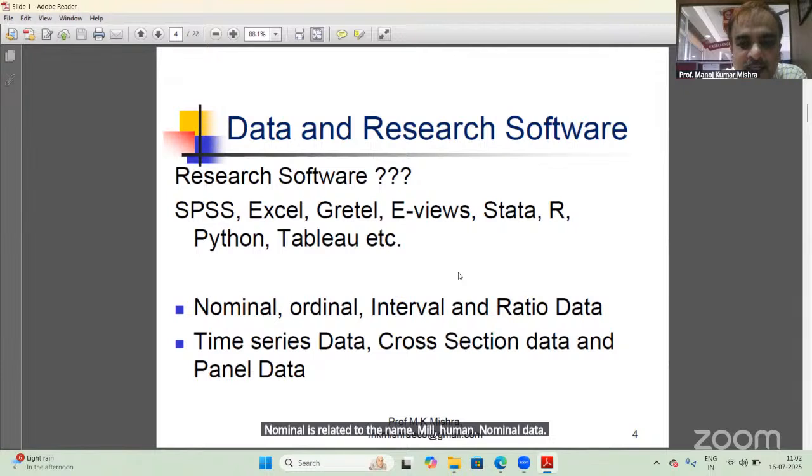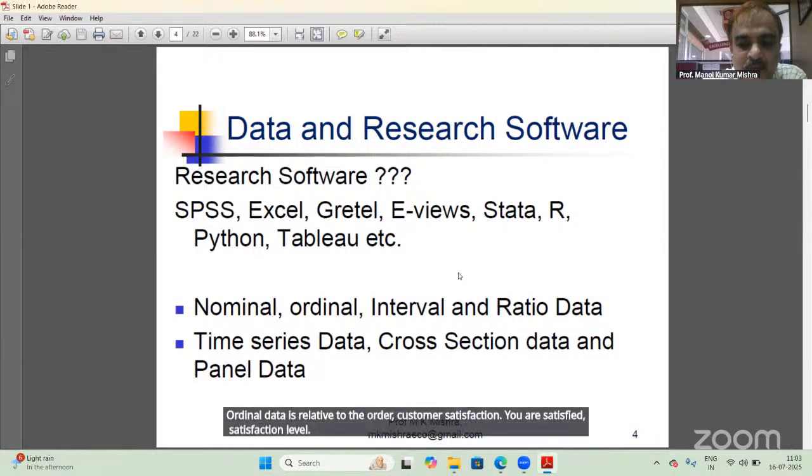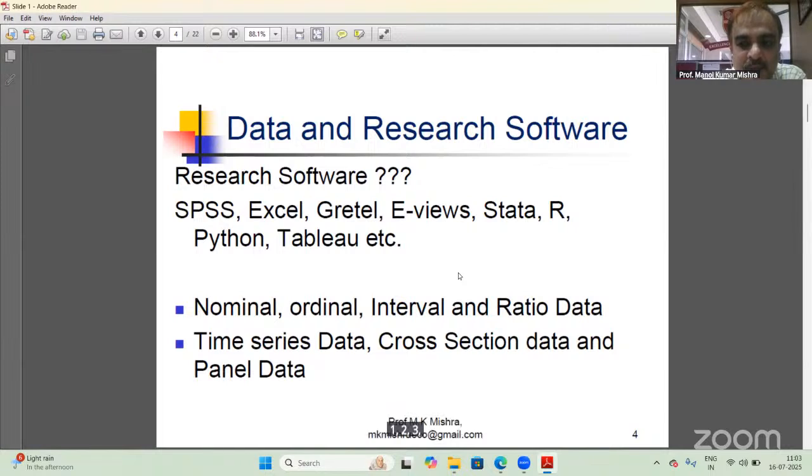Ordinal data is related to the order, like customer satisfaction level: 1, 2, 3, 4, 5. 1 means strongly not satisfied, 2 means not satisfied, 3 means well, 4 means satisfied, 5 means strongly satisfied. So we are measuring the product satisfaction like this.